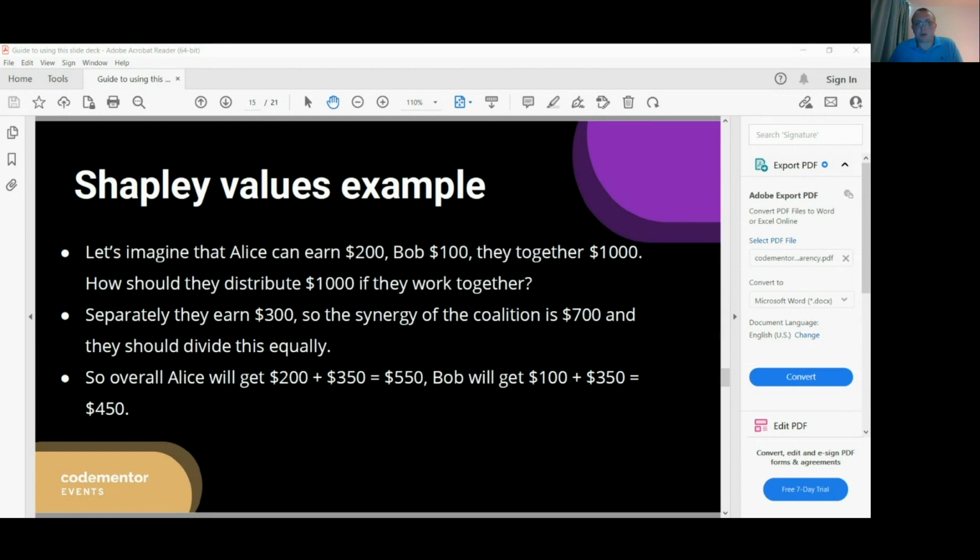So the Shapley approach is to calculate the synergy between different coalitions, on top of each other, and then divide it equally between the members of these coalitions. So Alice can earn more, and she finally gets more: she gets 550, and Bob gets only 450. So the difference of 100 bucks is still there. Thank you so much.